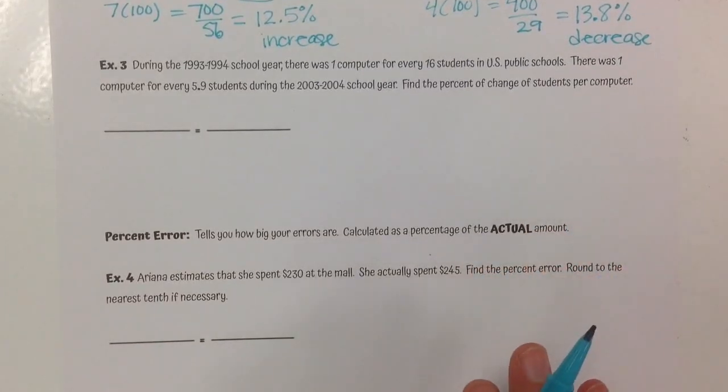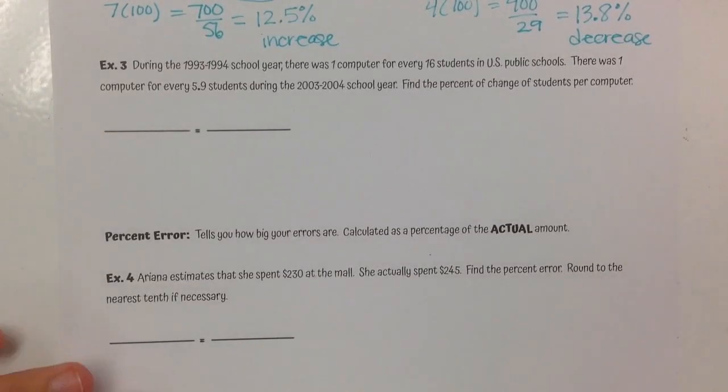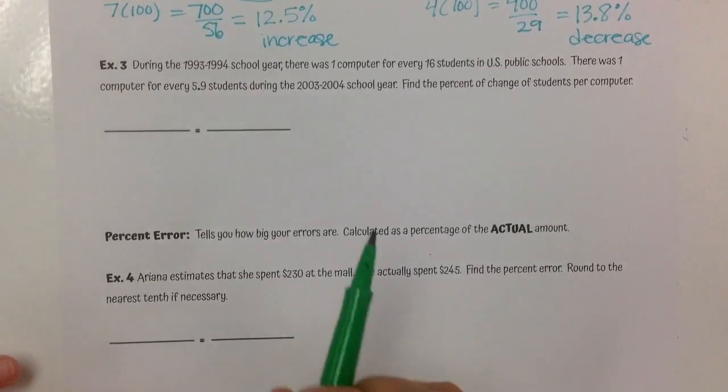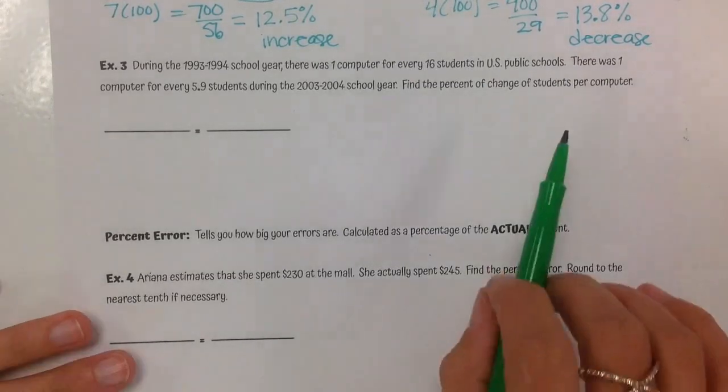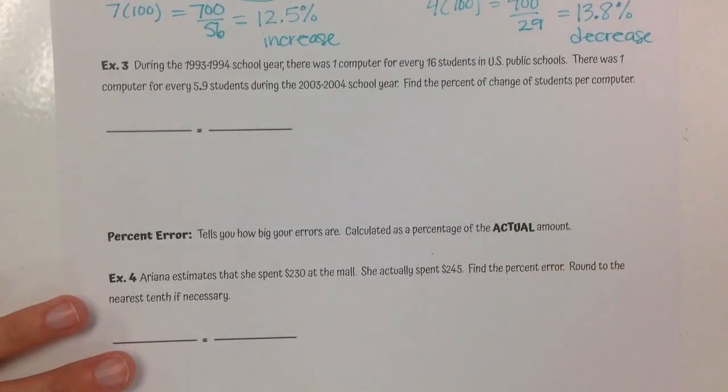All right, next example. During the 1993 to 1994 school year, there was one computer for every 16 students in U.S. public schools. Now, there was one computer for every 5.9 students during the 2003 to 2004 school year. Find the percent of change of students per computer. So first off, we've got to identify the numbers that we're talking about.